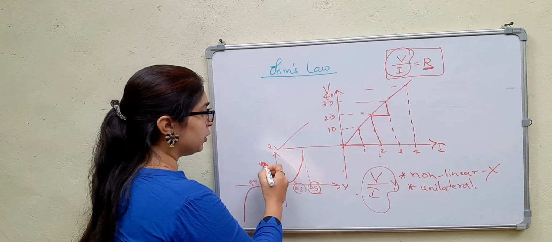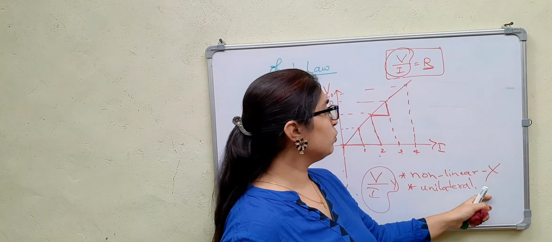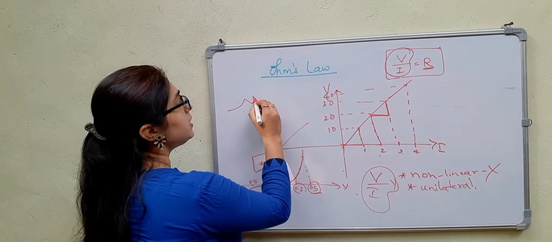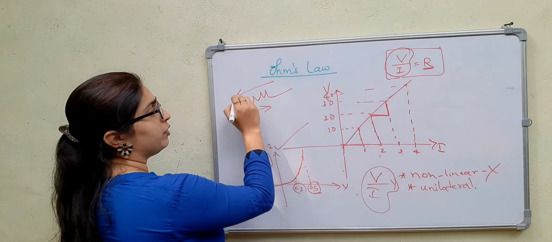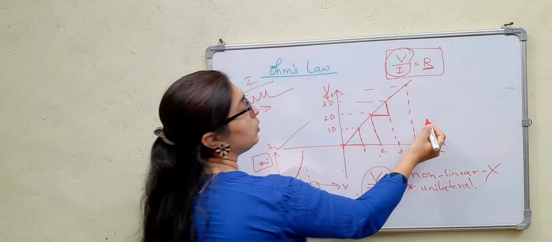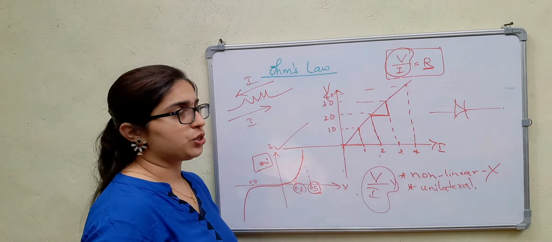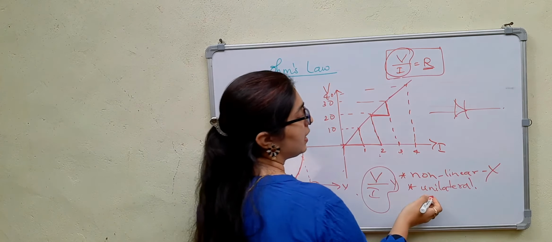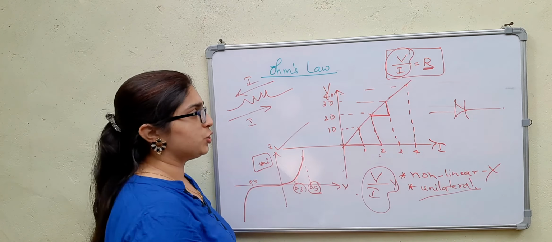So this is unilateral, and it does not hold good for unilateral. If I consider a resistor, whether the current flows in this direction or in this direction, it doesn't affect anything. But a diode allows the current to flow in one direction, so we can consider that as unilateral. Bilateral means current can flow in both the directions.